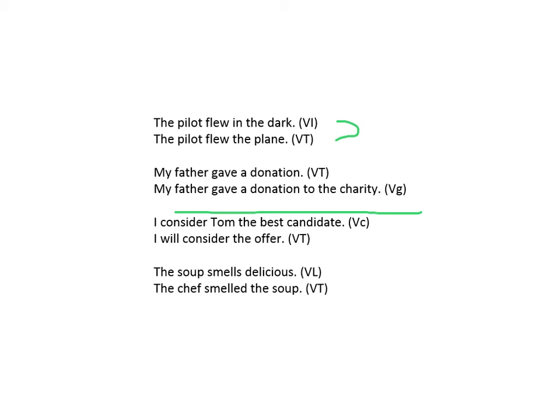And just to emphasize that other way of looking at VG sentences, you could also say, my father gave the charity a donation, which reverses the order of the two noun phrases. All right, you get what I mean by this. The verbs can often be different verb types.